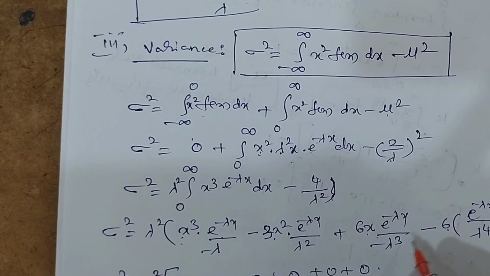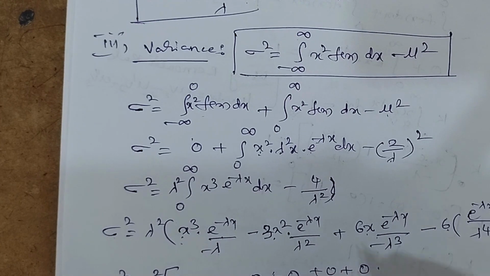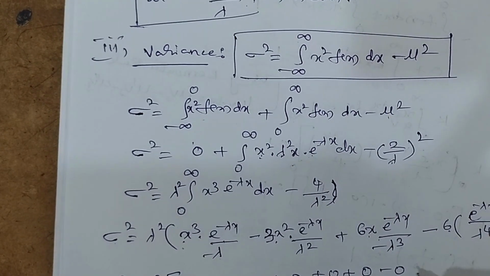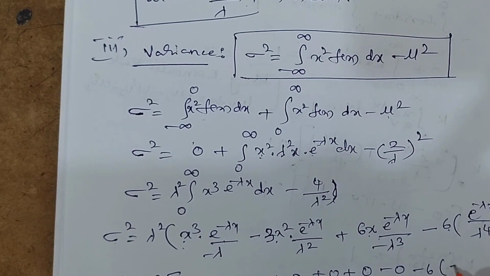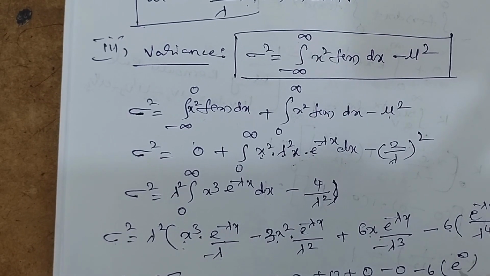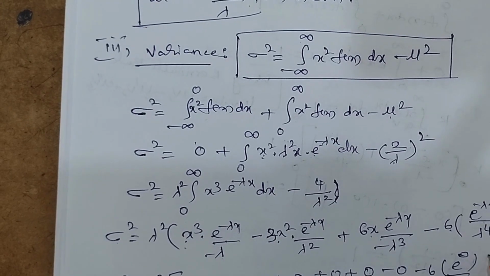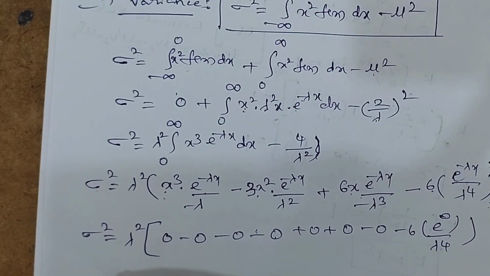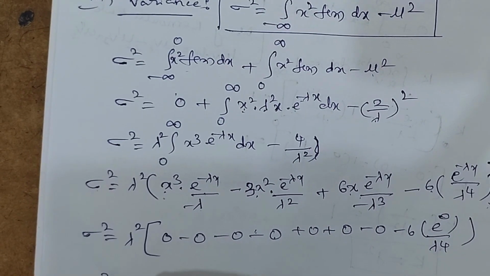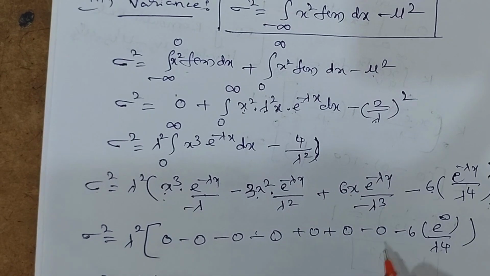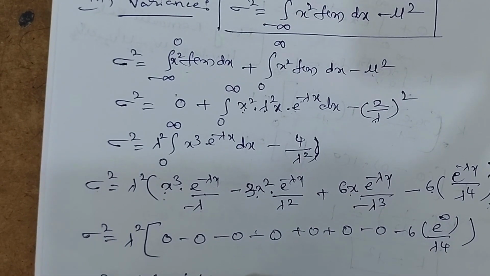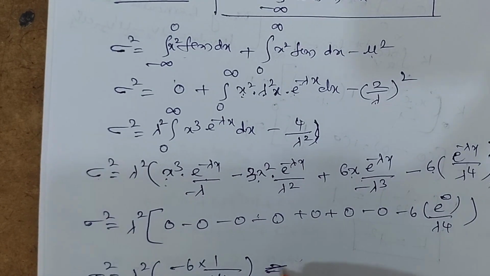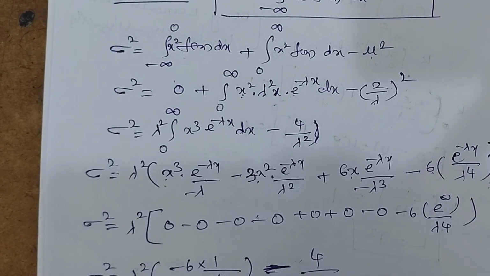Okay, next, applying infinity gives 0. Next apply the lower limit: minus 6 into e power 0 by lambda power 4. So minus 4 by lambda square. So sigma square is equal to lambda square into, so it is 0, so minus 6 into 1 by lambda power 4, sorry, minus 4 by lambda square.